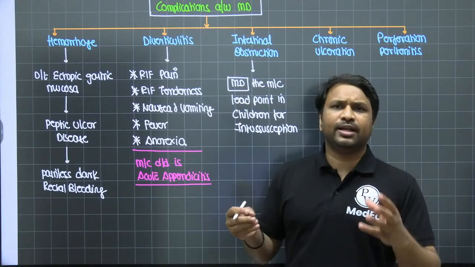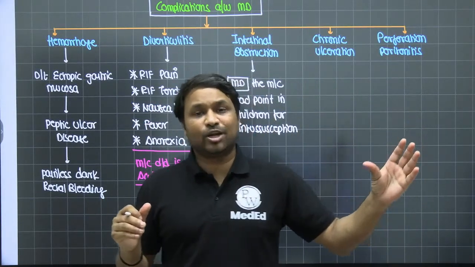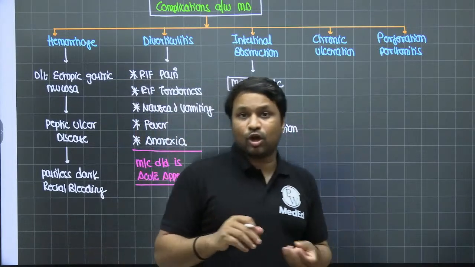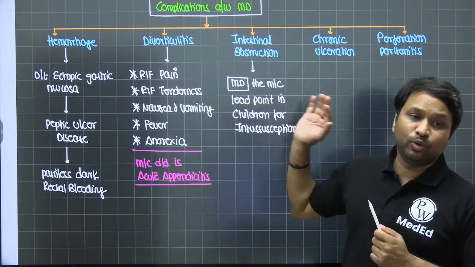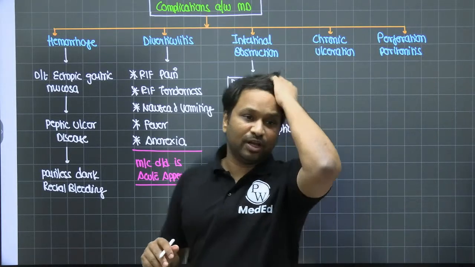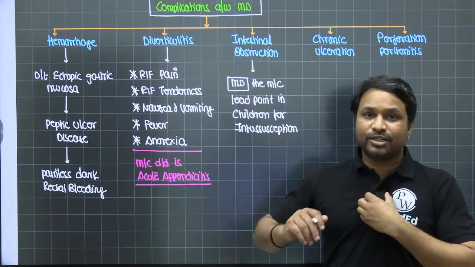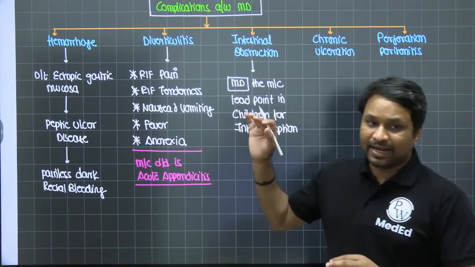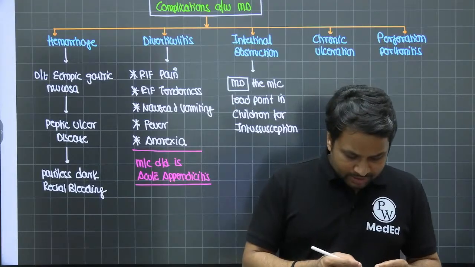What is intussusception? It is when the proximal end of the bowel goes into the distal end, blocks the bowel, and hence the content cannot move forward. We will talk about bowel obstruction in detail in tomorrow's lecture. For now, remember Meckel's diverticulum is the most common lead point in children, resulting in intussusception, and that will result in bowel obstruction.